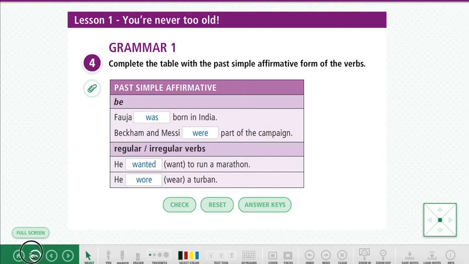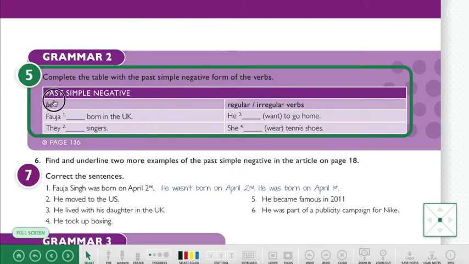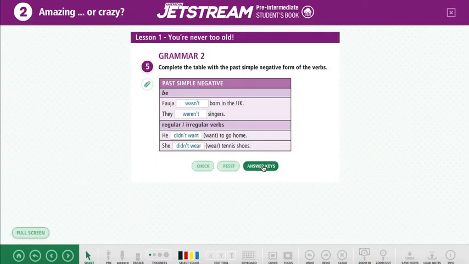Now let's go back. And we are going to go to grammar number 2, that is the negative form. Do you remember that? Fauja wasn't because it is he wasn't, and it is they weren't singers. And if you remember, was born is together. Aquí hay una excepción.